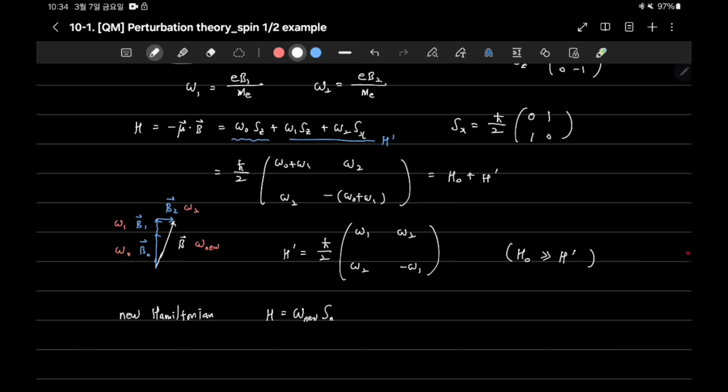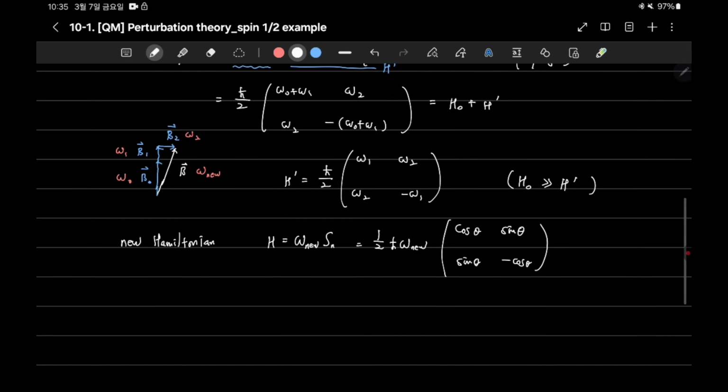Here Sn is a general spin, and the general spin can be regarded as a general rotating spin. So in this case, 1/2 h bar omega nu, and the general rotating spin can be written in the matrix cosine theta, minus cosine theta, sine theta, and sine theta.